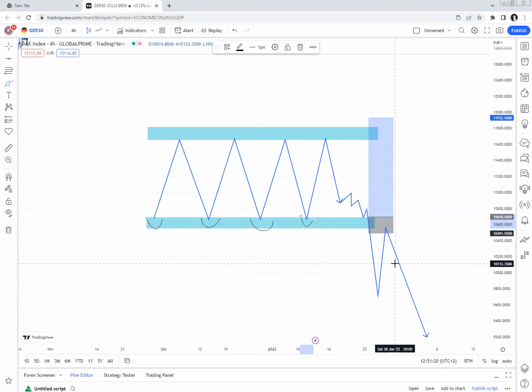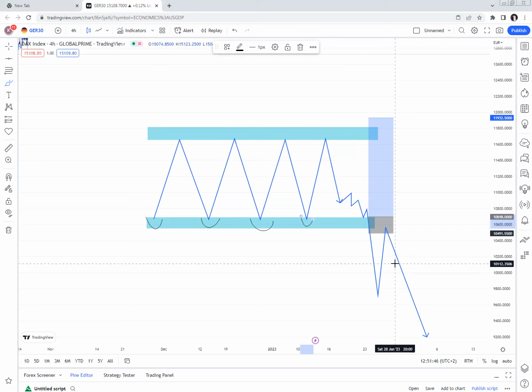So the only way to get powerful support or resistance zones is going for few touches. I don't know if you understand me. If a zone has already been touched 4 or 5 times, don't use that zone because now it's weak.